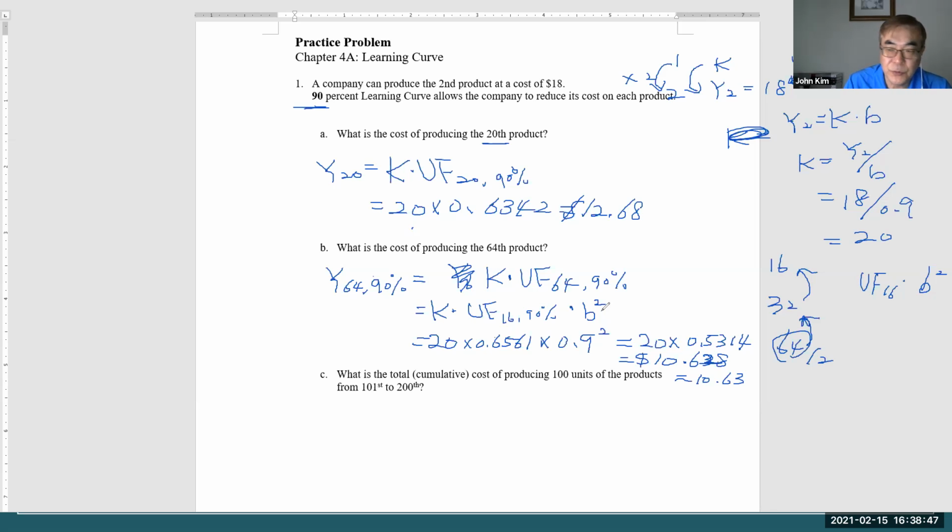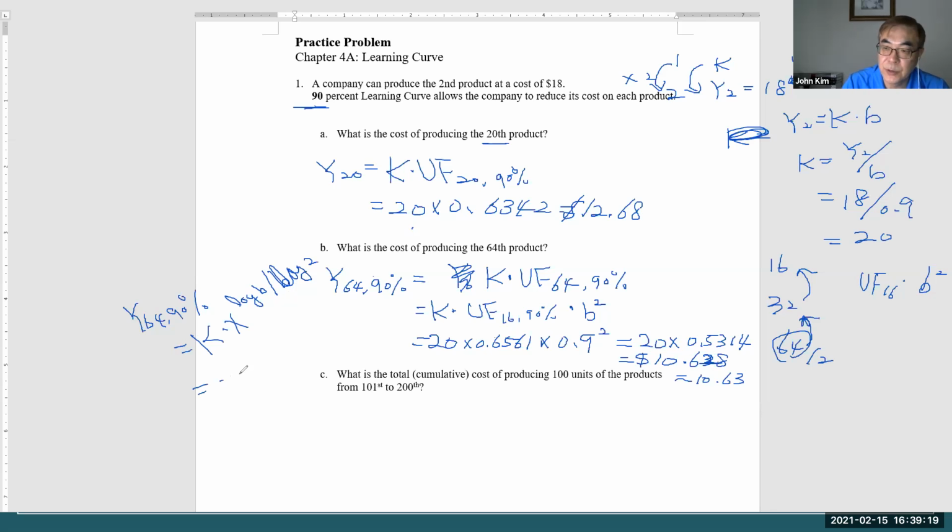And then if we want to use the logarithmic formula, then Y 64 at 90% equals K times x to the log b divided by log 2.